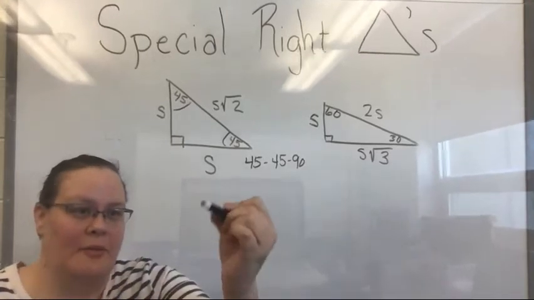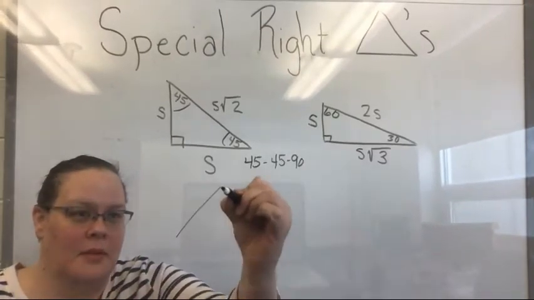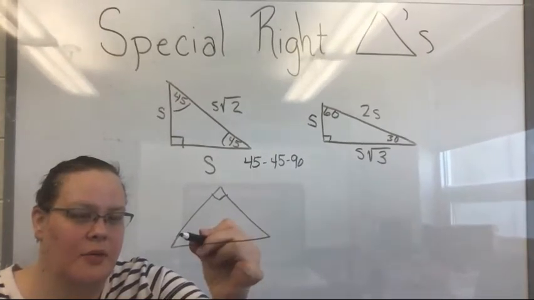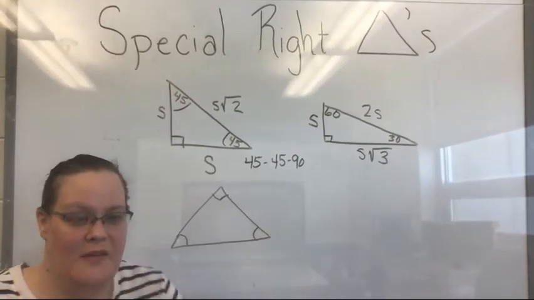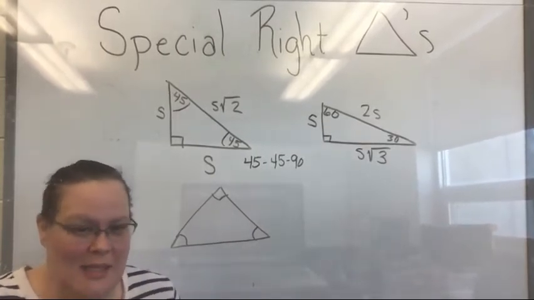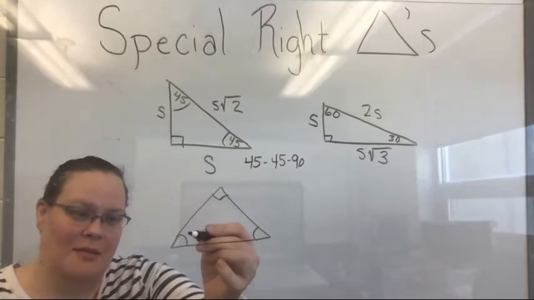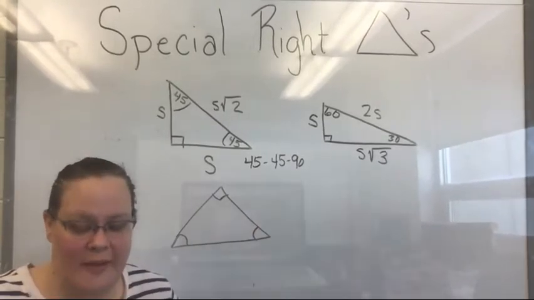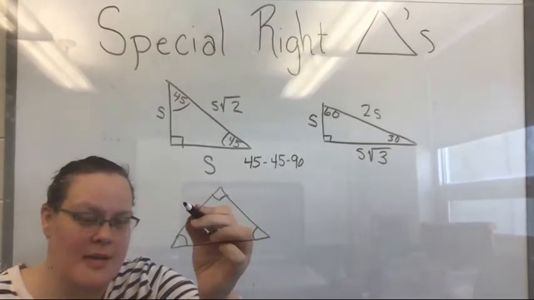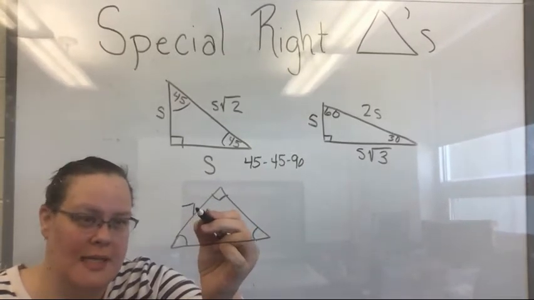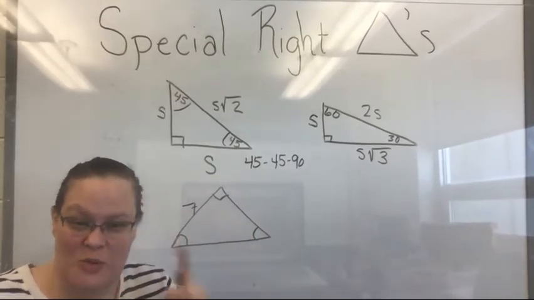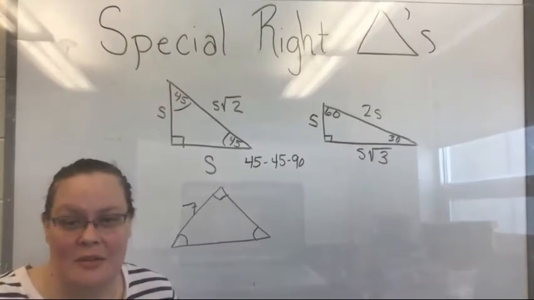So, for example, if we have a triangle and we're told that it is a 45, 45, 90 triangle, they may tell us that by markings, they might tell us that in words, they might label these angles as 45, but regardless, we know this is a 45, 45, 90. And so if we know that this side is equal to 7, even by just one side, we can fill in all of the rest.